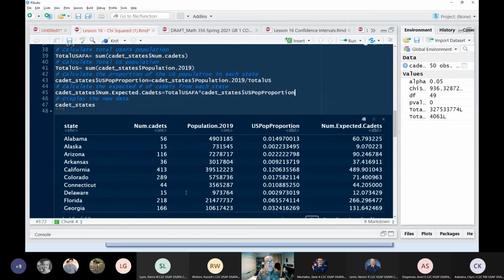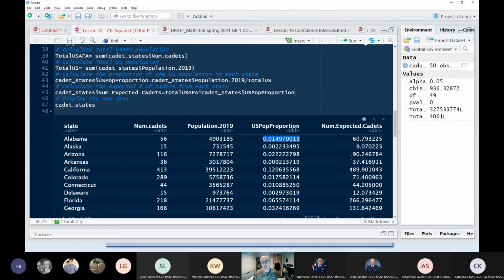We had that first 3 columns, but now I calculated this column and this column, right? So this column is the one that says that number means, hey, Alabama, the 4.9 million people in Alabama represent about 1.49% of the US population, right?